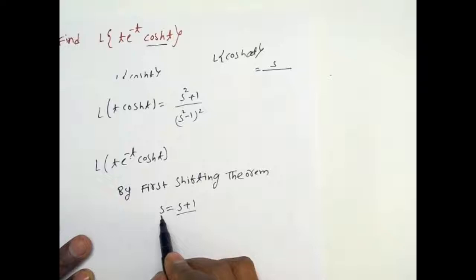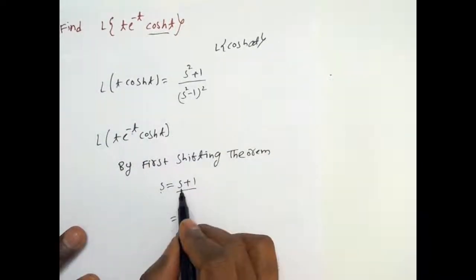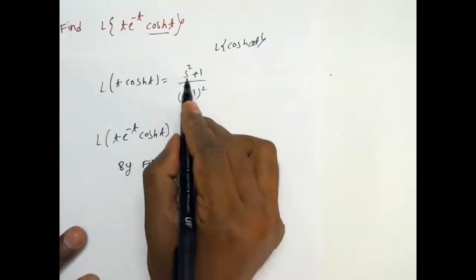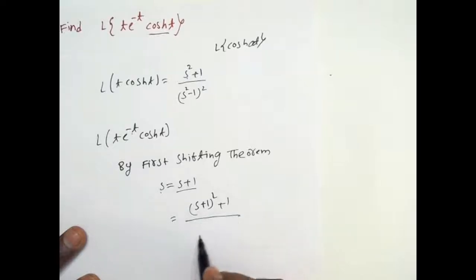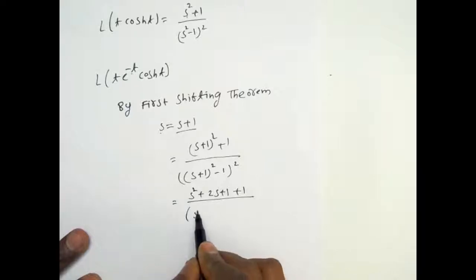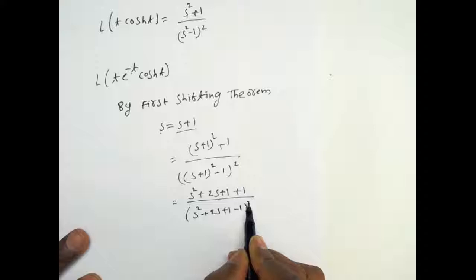According to the first shifting theorem, replace s with s plus 1. In this equation, put s plus 1 in place of s: (s plus 1) whole squared plus 1 by ((s plus 1) whole squared minus 1) whole squared. (s plus 1) whole squared is s squared plus 2s plus 1, so the numerator is s squared plus 2s plus 1 plus 1, and the denominator is (s squared plus 2s plus 1 minus 1) whole squared.